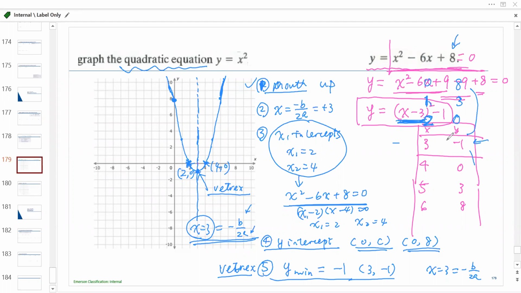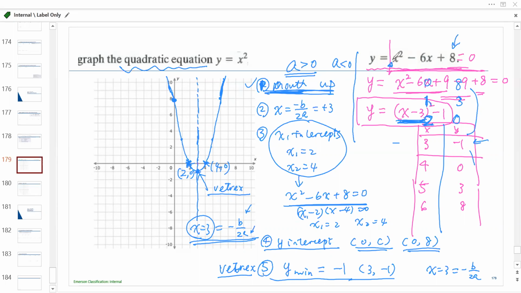So that's the thing we're learning here: when we try to graph a quadratic equation, we can use the x, y methods to find multiple points and link them together. We can find out whether the mouth opens up or down. Actually, I can tell you this. When a is greater than 0, the mouth will open up. When a is less than 0, what's a? a is right here, right?